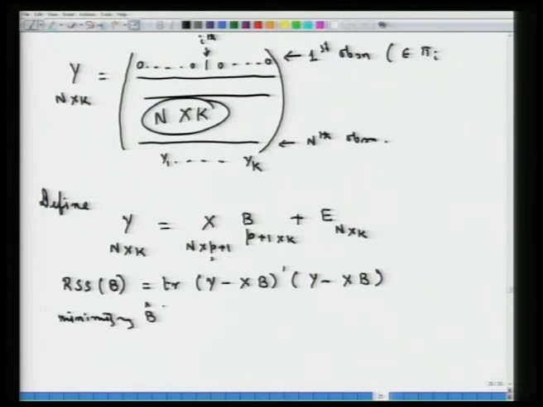this B hat, is given by, corresponding to a particular column of this Y matrix, the same B matrix as before.